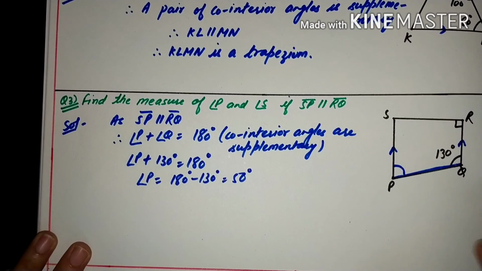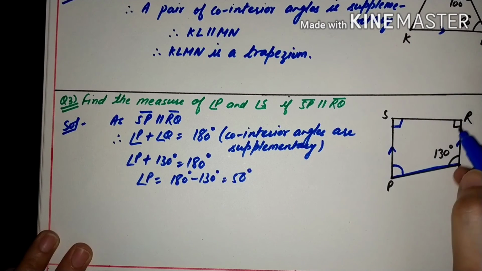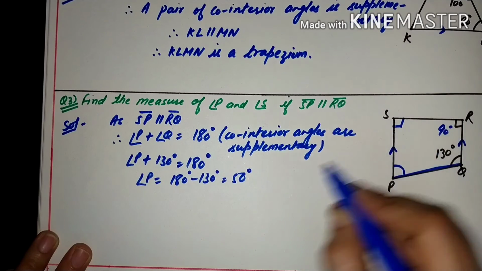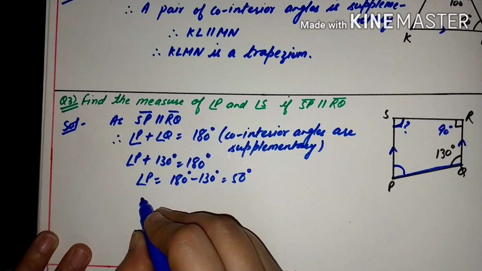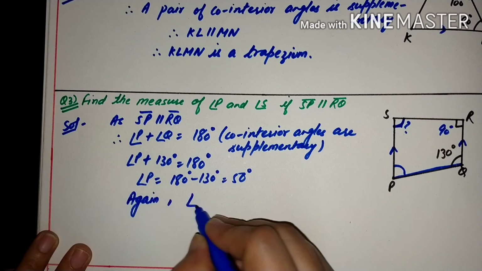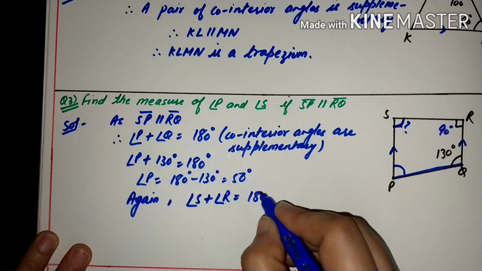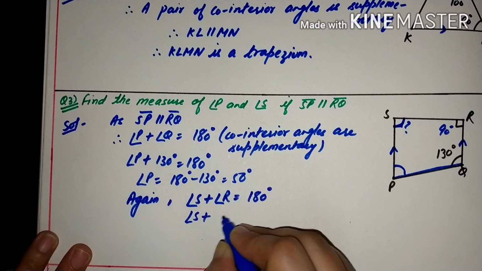Now the same way you can find out the measure of angle S also, as we are given that angle R is 90 degree. We have to find this angle S. So again, angle S plus angle R is equal to 180 degree, and angle S we need to find.